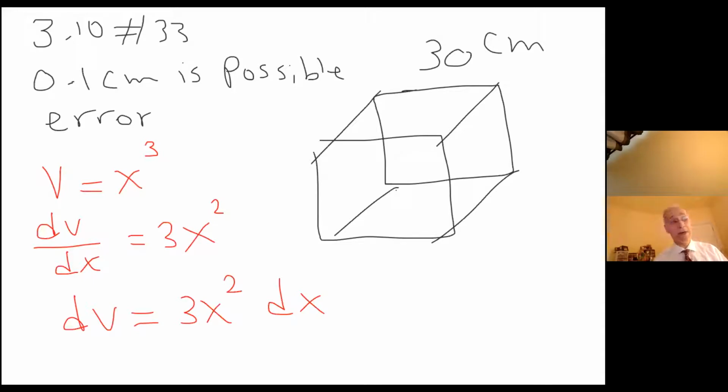And that's perfectly fine because the x is measurable, at least in this case, and the dx is given, the possible change of x, which is 0.1.